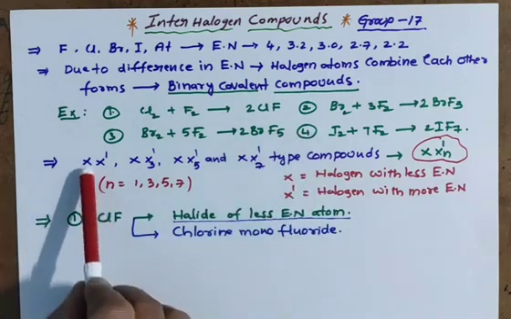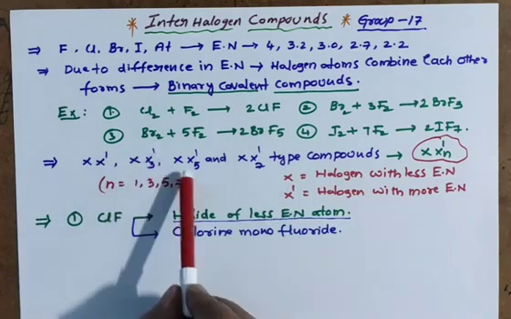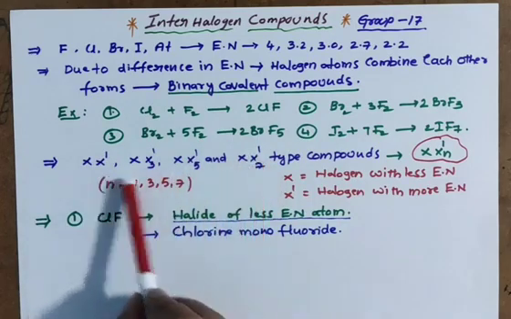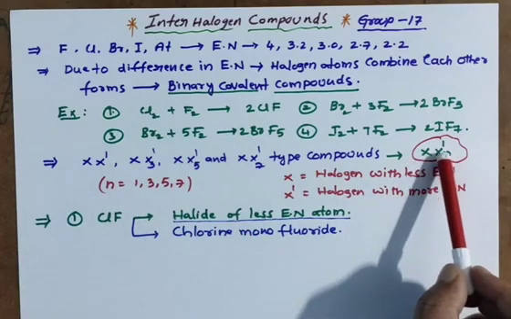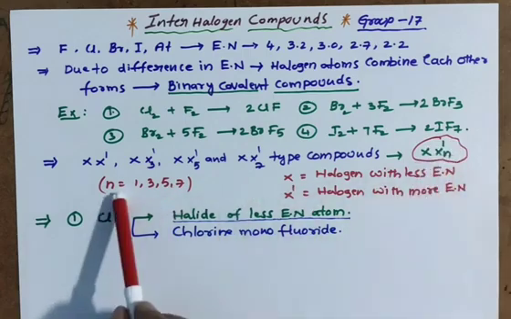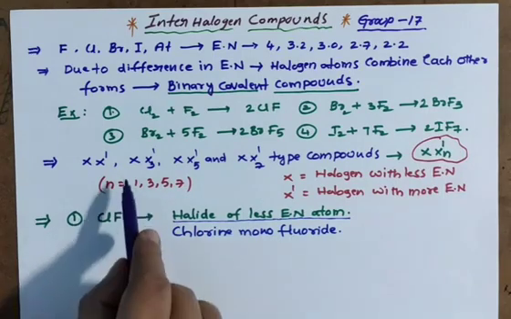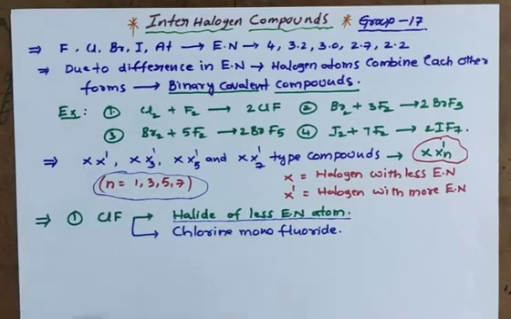What type of compounds? XX', XX'3, XX'5 and XX'7 type. The common general formula is XX'n, where n is 1, 3, 5, 7 only. No other compound.